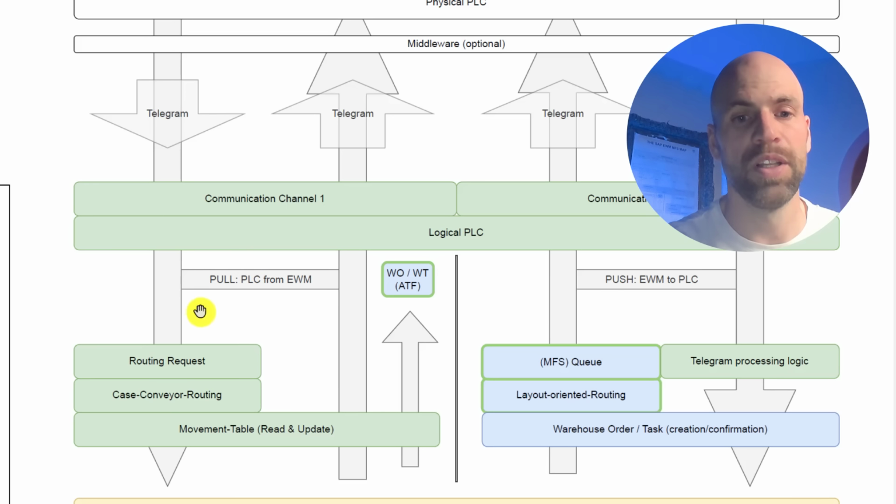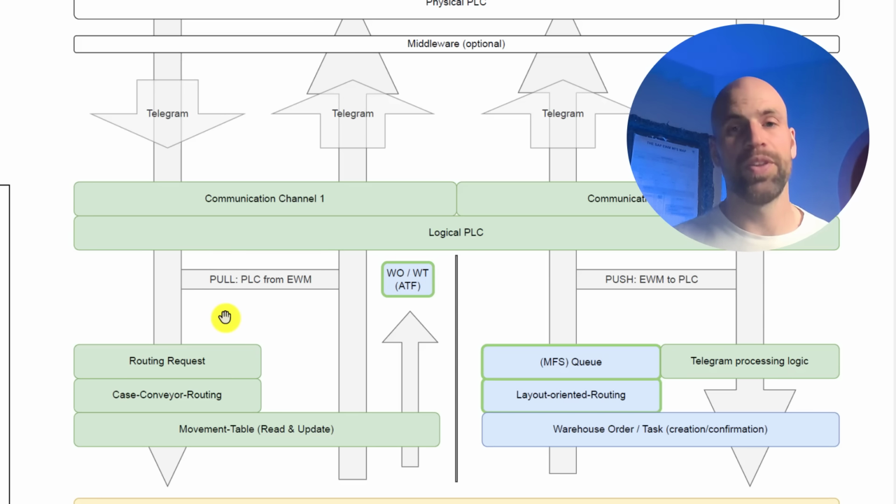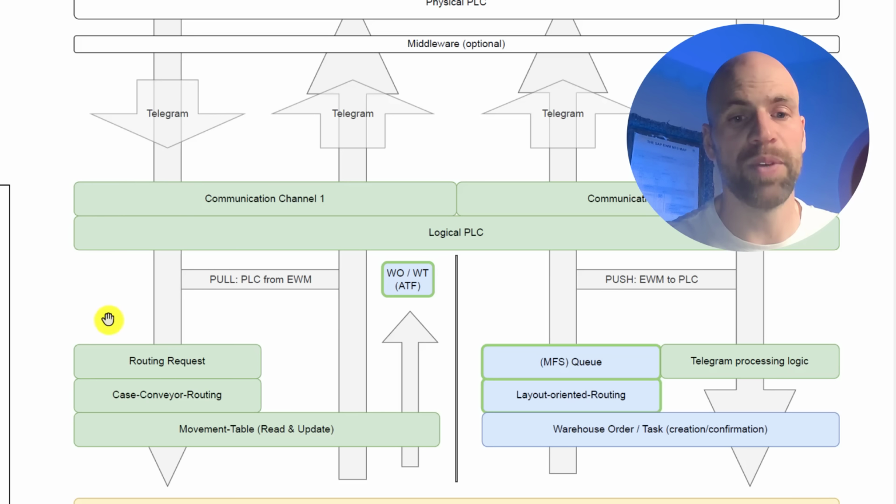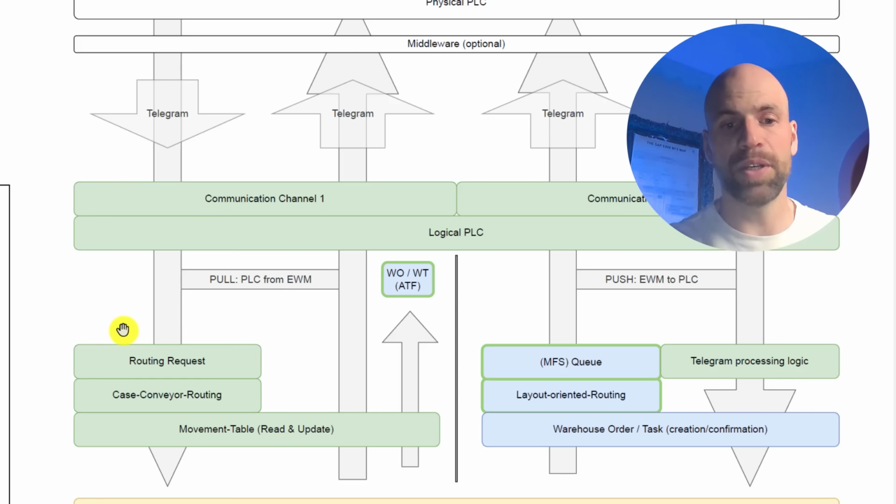That's why I also marked this here as a pull approach. So the subsystem is pulling information from EWM. And this telegram is coming in as a so-called routing request.